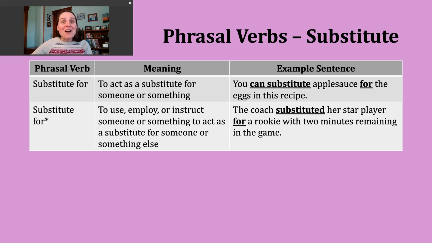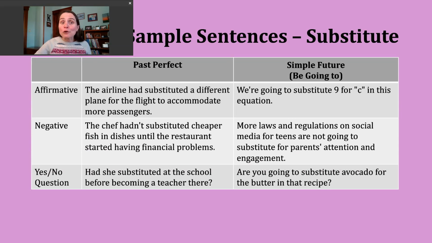Okay. Now let's continue using our verb of the day in some different verb tenses. Today we'll practice the past perfect and the simple future with a focus on be going to. Let's start with the past perfect.